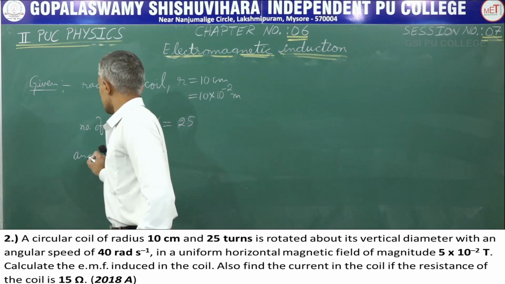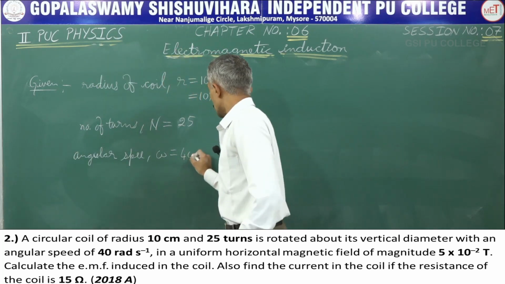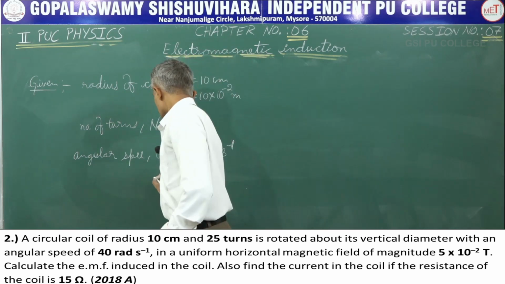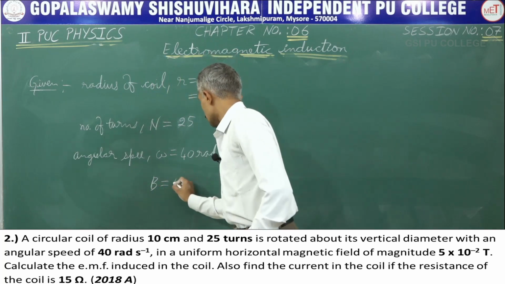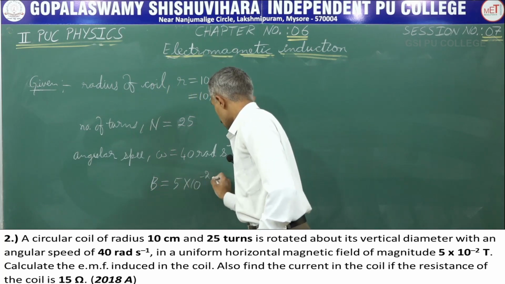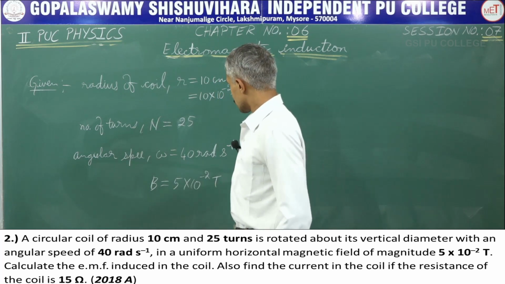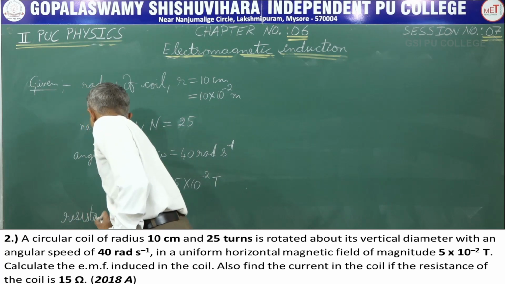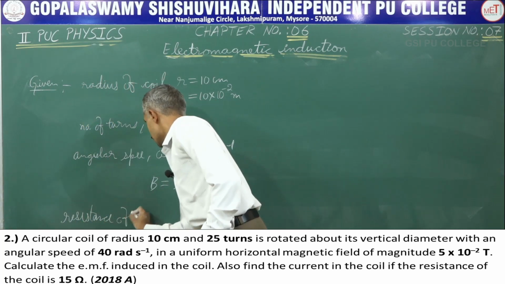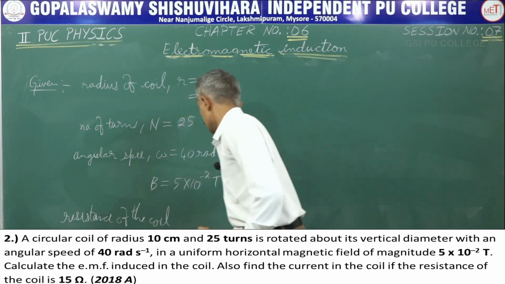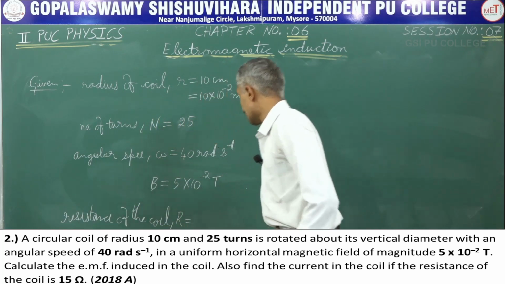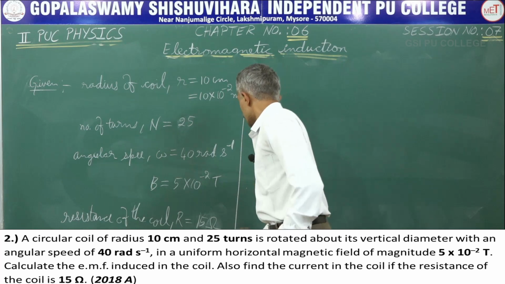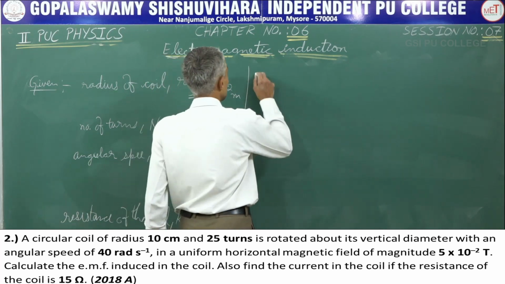Then the angular speed omega is 40 radian per second. The magnetic field is given, which is 5 into 10 to power of minus 2 Tesla, and the resistance of the coil, here I will take it as capital R. The resistance is 15 ohm.